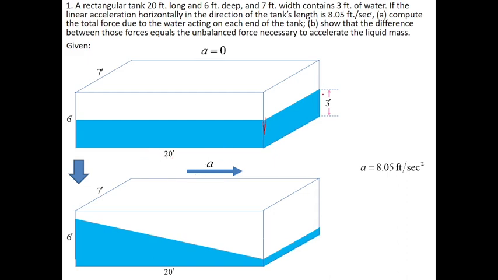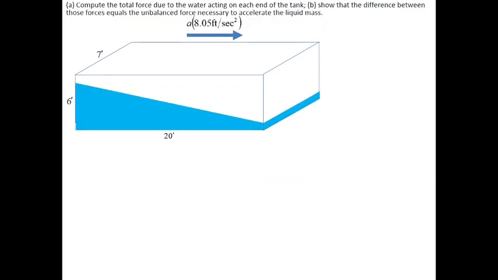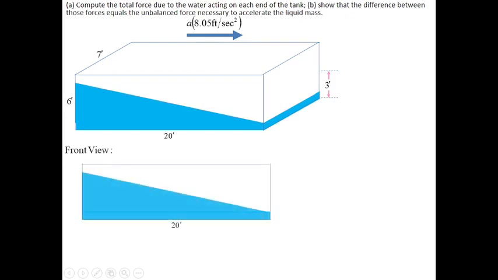So, next. O yan. Ito yung condition. Tumaas yung level sa kaliwa, bumaba yung level sa kanan. Ito yung original level, 3 feet. 3 feet yung height, yung depth ng water. Front view natin. Ito siya.